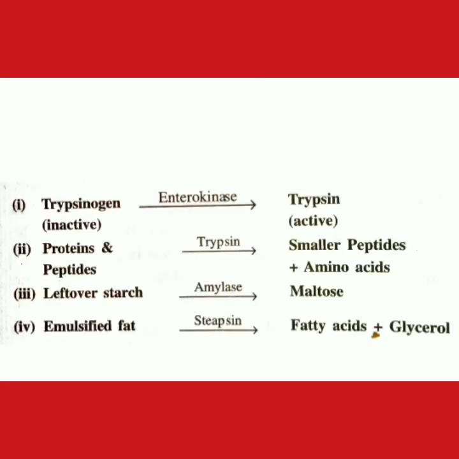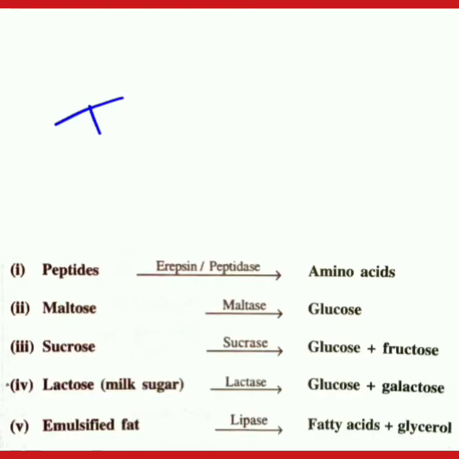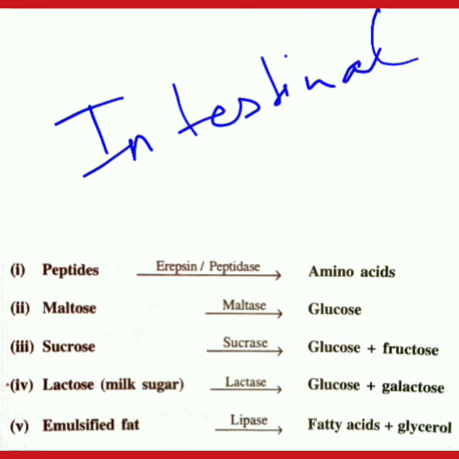So here is the overall role of pancreatic enzymes. Trypsin is first secreted as inactive trypsinogen, which is activated to trypsin by an enzyme enterokinase.